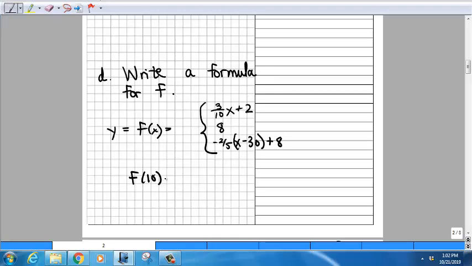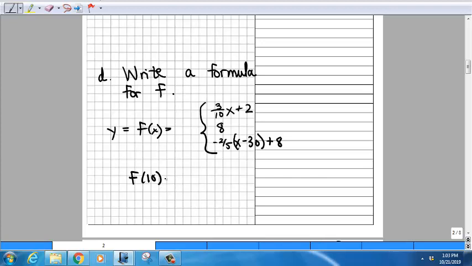You should be able to evaluate f of 10, the y value that matches the x value of 10. But that's not quite possible to do, looking at the formula, because you don't know where to plug the x in. You don't know if it goes in this or in this or in this piece, right?